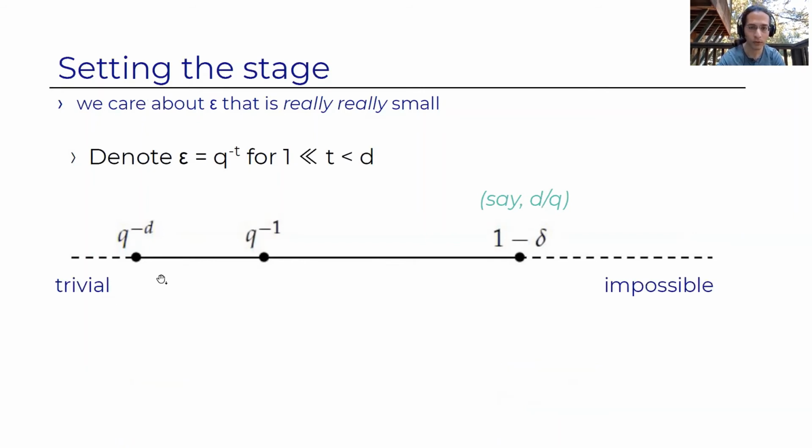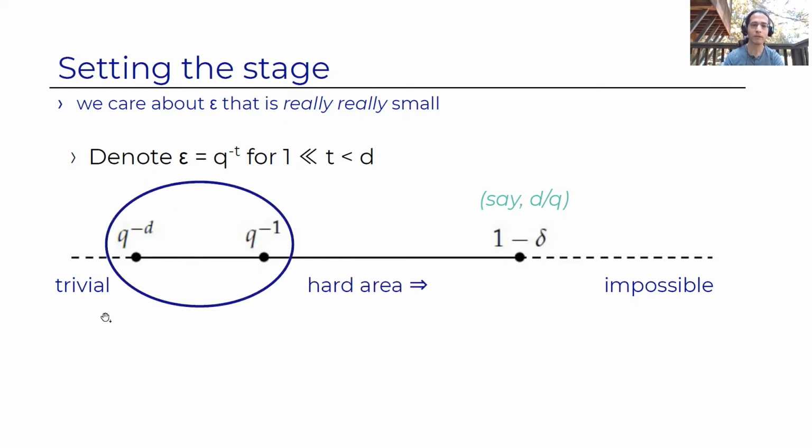So what did we learn so far? All the way to the right, the problem is impossible, and we don't even have to consider it. And when epsilon grows smaller, we reach a random polynomial here, and when we pass the threshold of q to the minus d, the problem becomes trivial to solve. And jumping ahead, this area to the right of 1 over q will be hard, essentially as hard as the original problem.